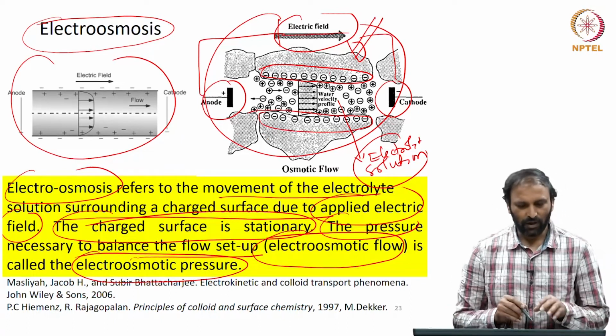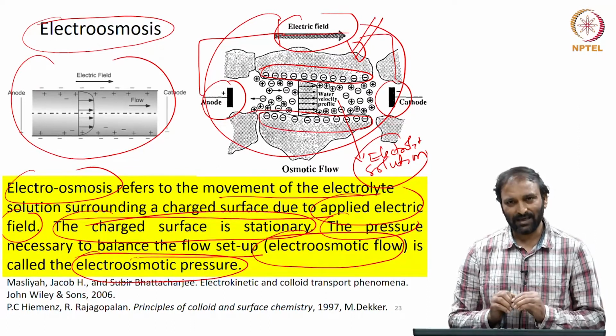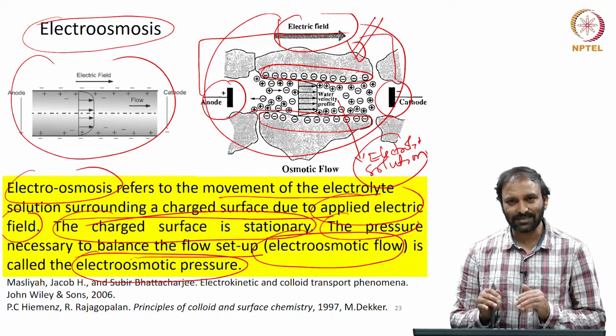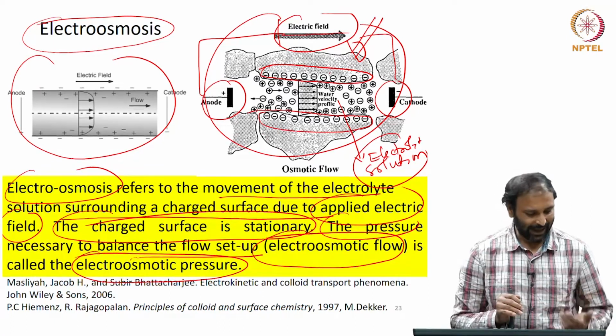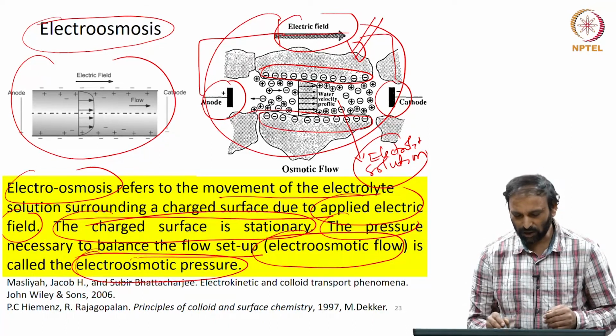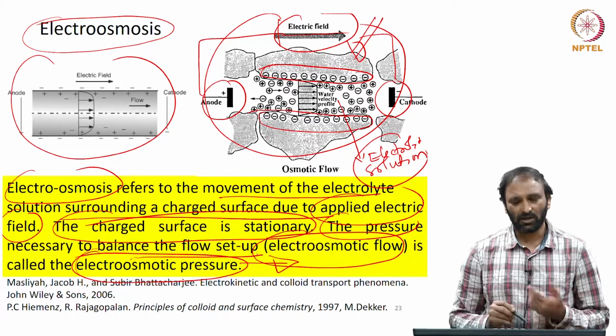So, in this technique, what is set into motion is the electrolyte, the motion is set by an applied external field, and what is measured is the osmotic pressure, which can be related to the charge of the stationary surface.